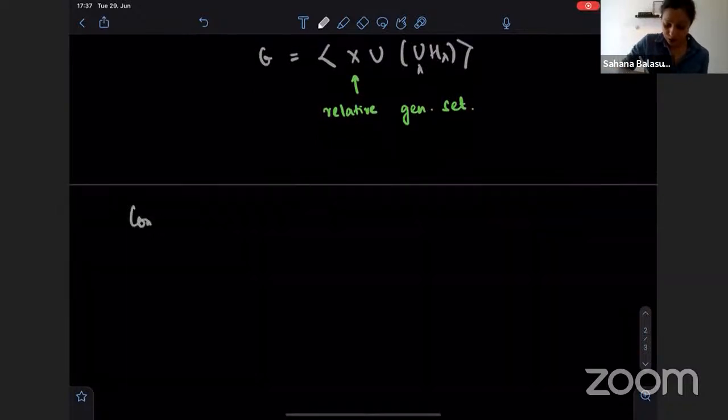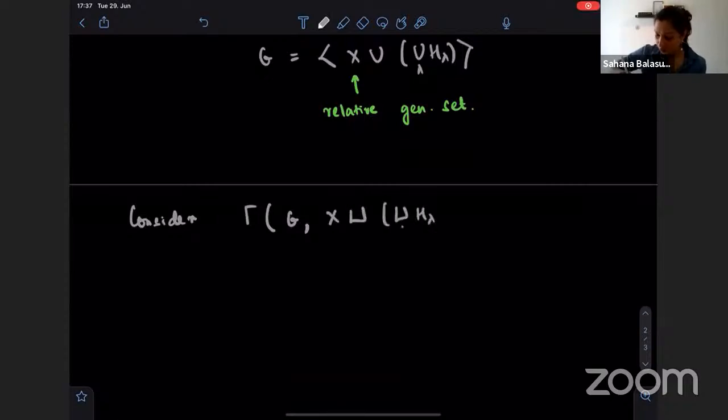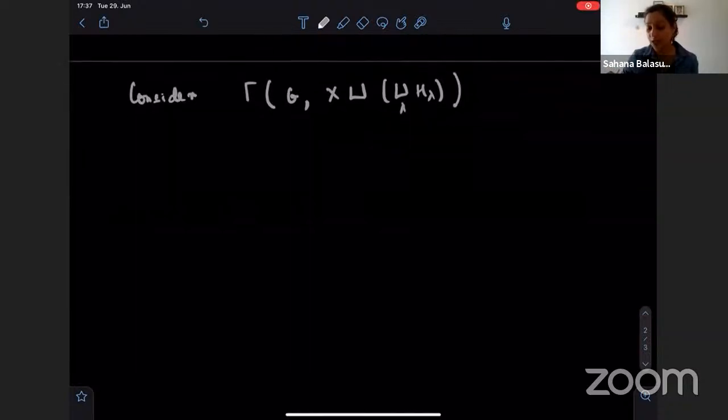I'm going to consider the space, and I'm going to call it the Cayley graph of G, because it does turn out to be a Cayley graph, but my edge set isn't just the union. I will consider this to be the disjoint union of X along with all of the subgroups that I have in this collection. And what difference does this make?